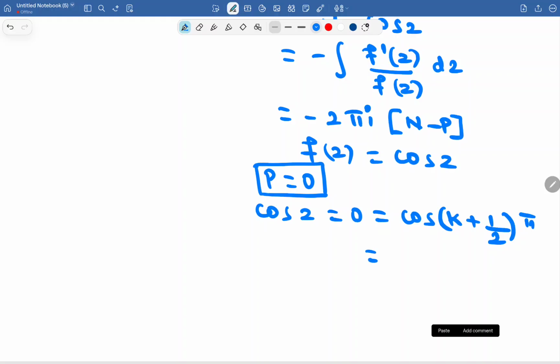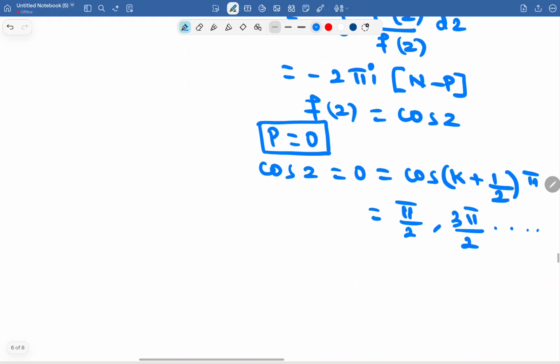For k equal to 0, 1, 2, we get pi by 2, 3 pi by 2. We have to check which of these zeros lie inside gamma with radius 1.